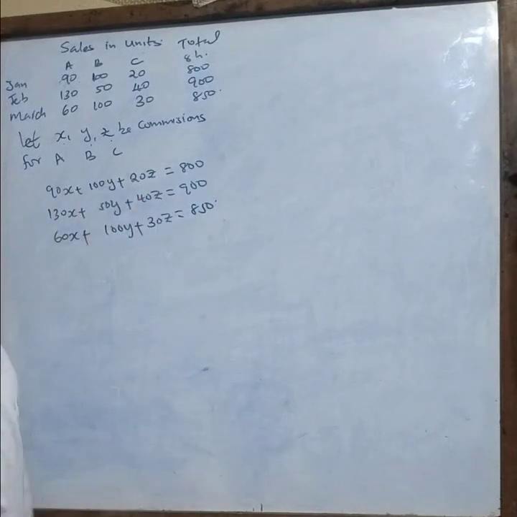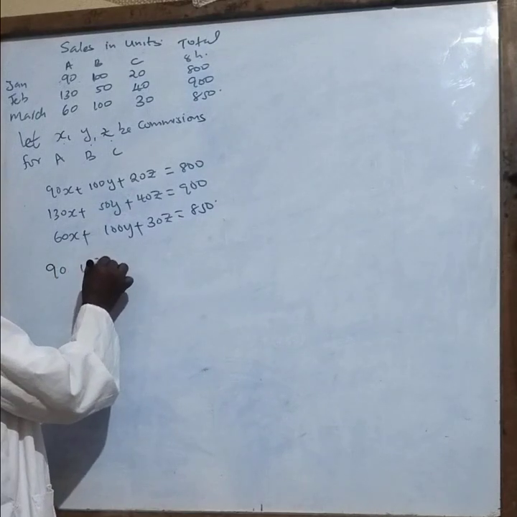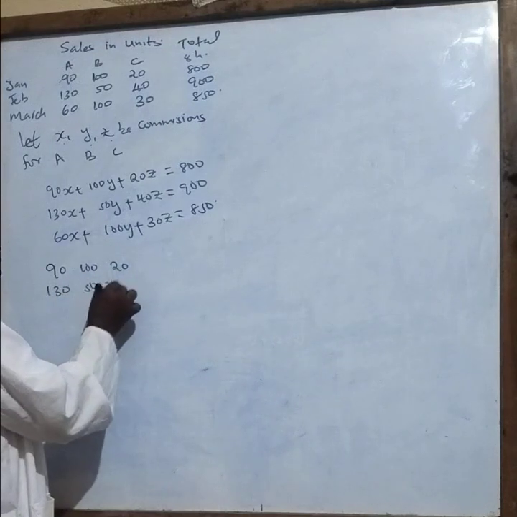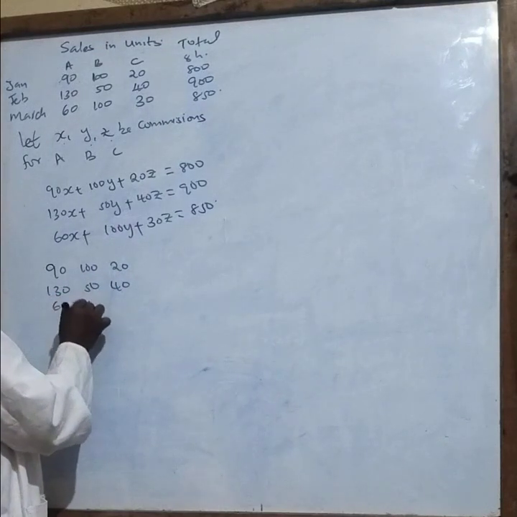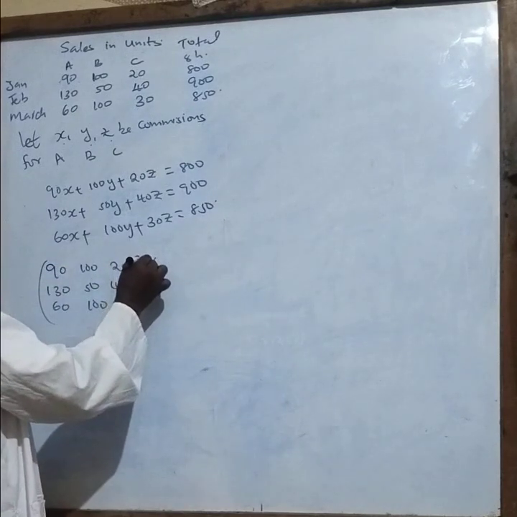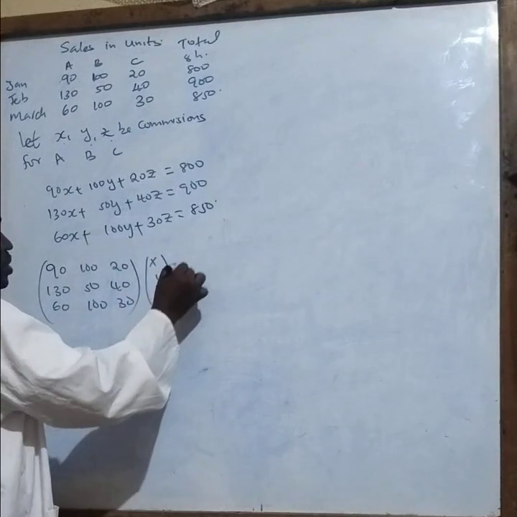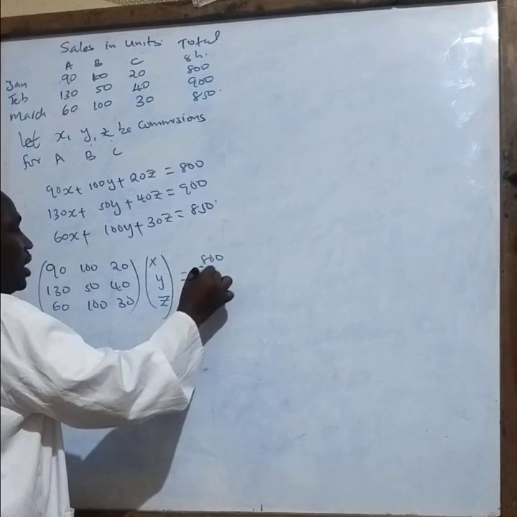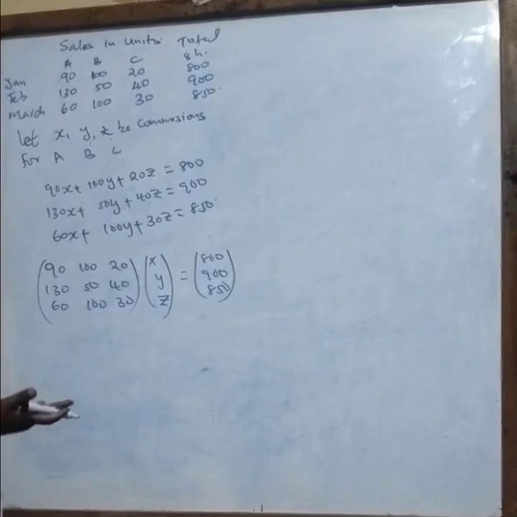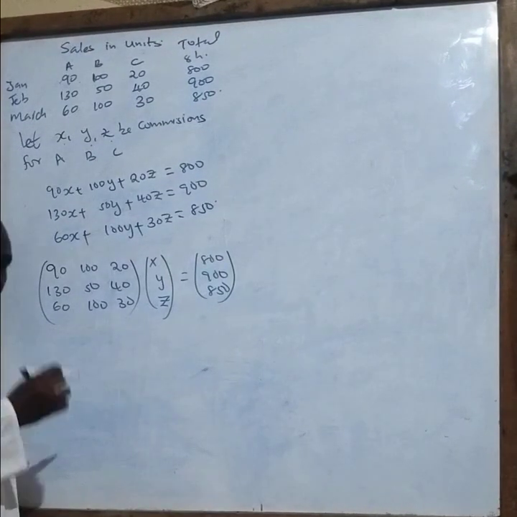From these equations, get your matrix: 90, 100, 20, then 130, 50, 40, 60, 100, 30, times X, Y, and Z, equals 800, 900, and 850. Immediately after this, you bring in the procedures.